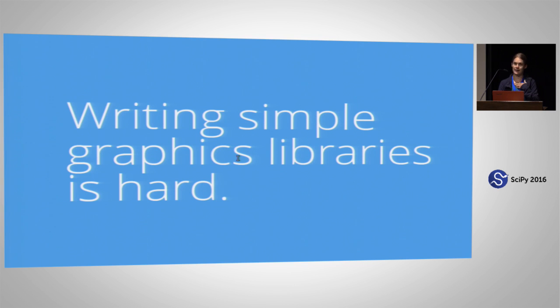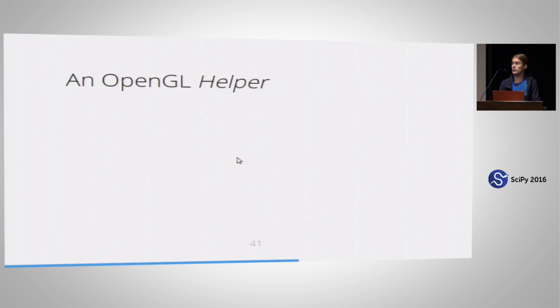So why should I, as a physicist, write my own OpenGL interface code when someone else has done it for me? So the idea I came up with to try to get around this problem is to write an OpenGL helper. So VPython has a really, really nice API. I really like it. It has everything that I want to do. But it's written in C++. But let's just use it as a guide.